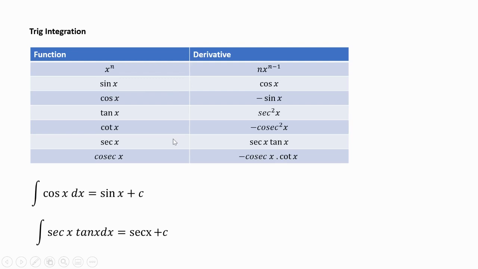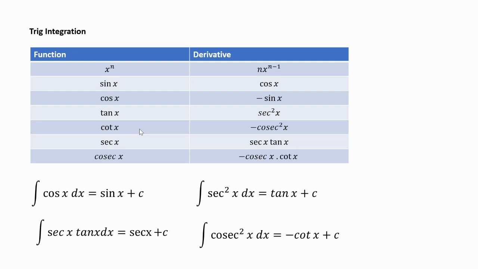All right, no matter what I get, if I get sec x times tan x, I have a look at the table, and my answer is simply sec x plus c. Likewise, if I have sec squared x dx, the integral would be tan x plus c, and cosec squared x would be minus cot x plus c. So quite simple, just reading off the table. What have I got? Single angles, single angles, single angles, and so on.